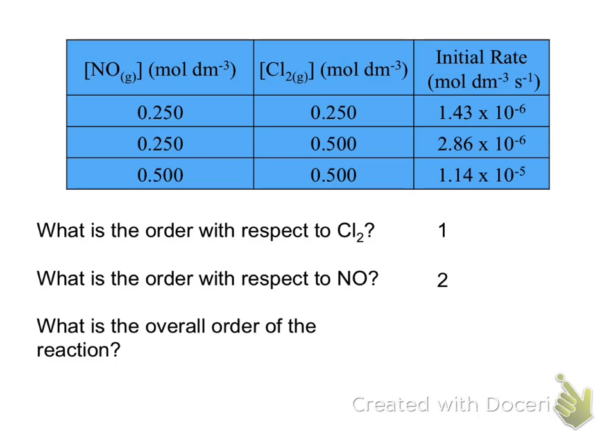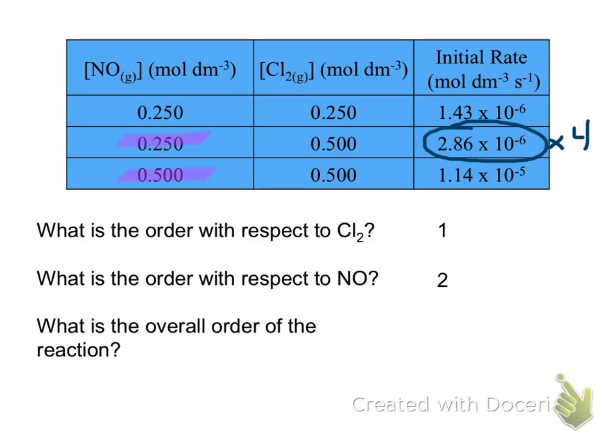You shouldn't get 2. I'm sorry. You should get 4. And here's why. This is why I was confused. If you go ahead and you double this, you're doubling that one. Come over and you look at the rate. Oh, that's increasing by 4 times. This number, in order to get the 1.14 times 10 to the negative 5th, we got to multiply it by 4.